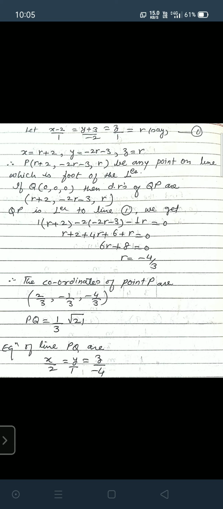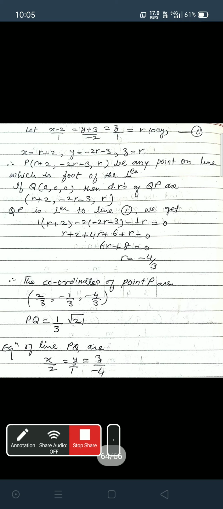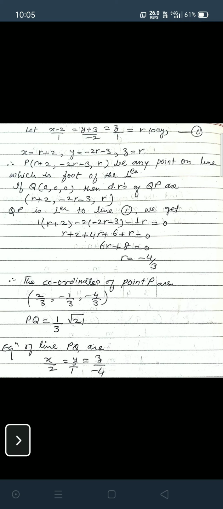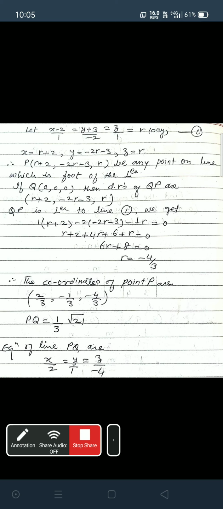If Q = (0, 0, 0), meaning the origin, then the direction ratios of QP are r + 2, -2r - 3 and r, the difference between the points P and Q, and QP is perpendicular to the line. So by using the condition of perpendicularity, we get 1(r + 2) - 2(-2r - 3) + 1(r) = 0.